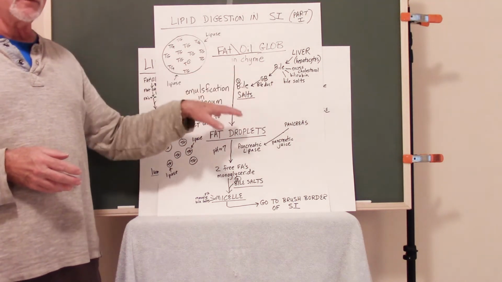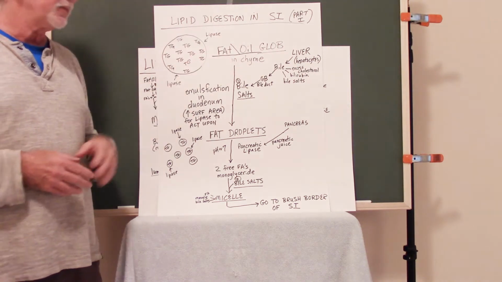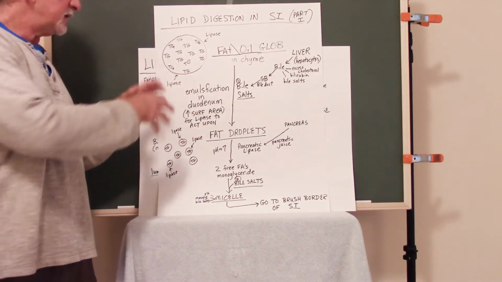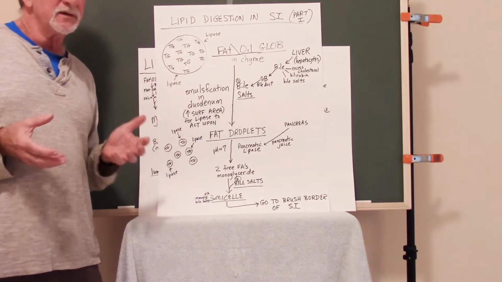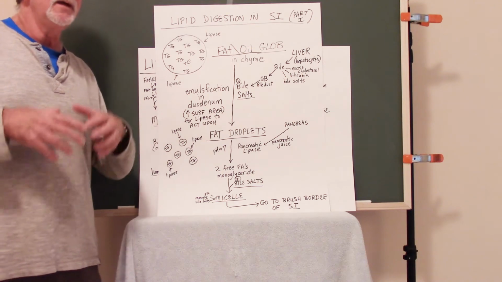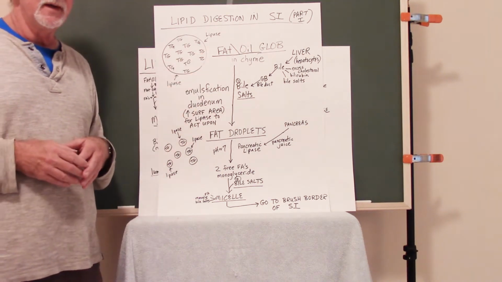And that's where bile salts will combine with globs of fat and oil and emulsify the globs. Now, emulsification is a process that occurs involving bile salts as they mix with globs of fat and oil in the duodenum.